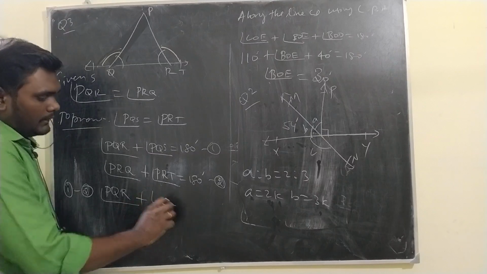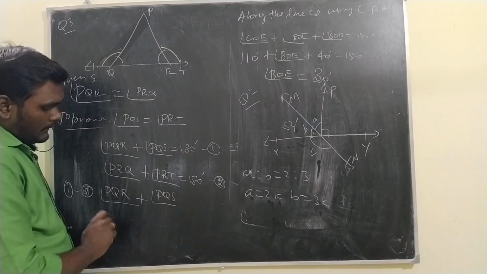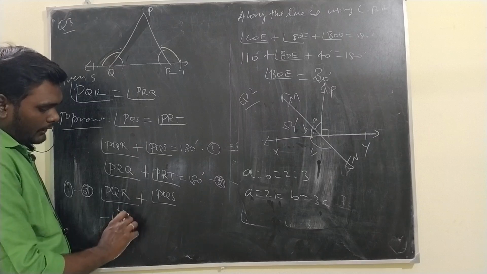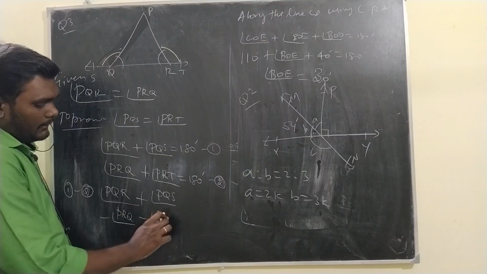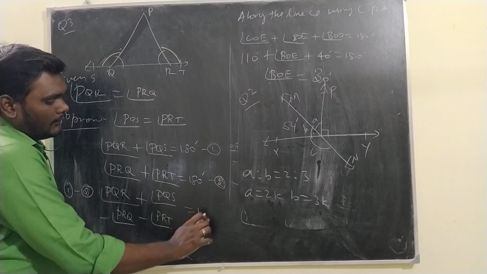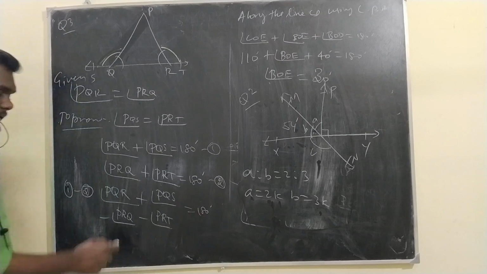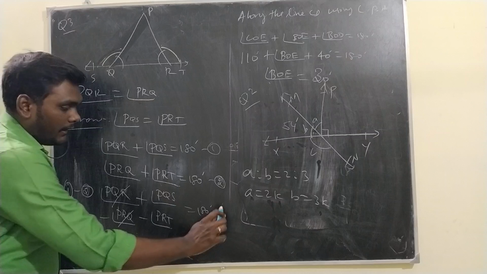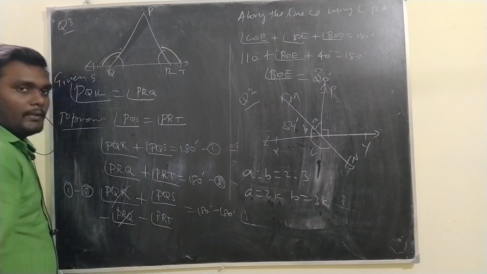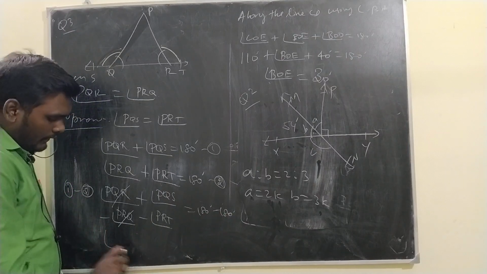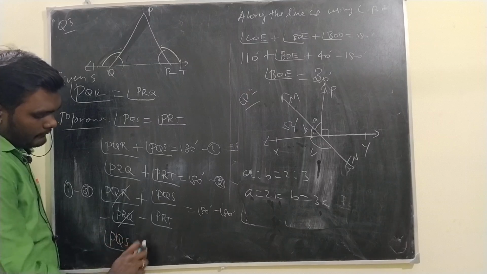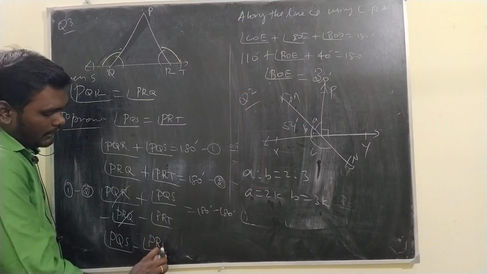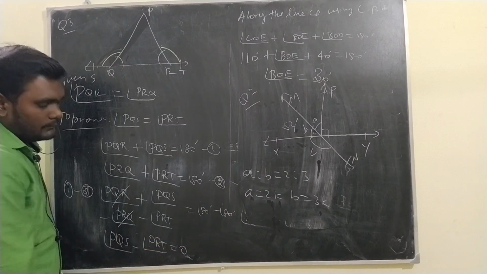Okay, angle PQR plus angle PQS minus angle PRQ minus angle PRT equals 180 degrees minus 180 degrees. Since these two are equal, you can cancel this. Then we have angle PQS minus angle PRT equals 0.